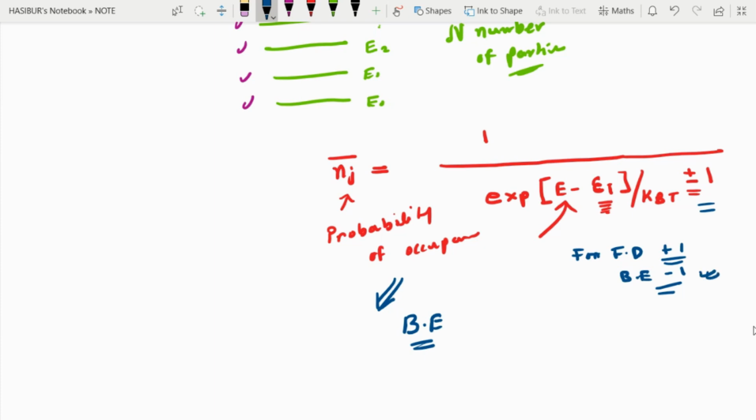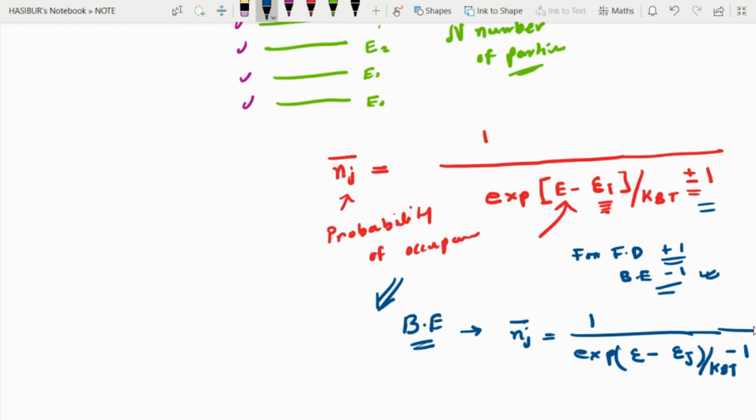For Bose-Einstein I am writing down the formula: n_j bar equals 1 upon exponential of (epsilon_j minus mu) divided by k_B T, minus 1.